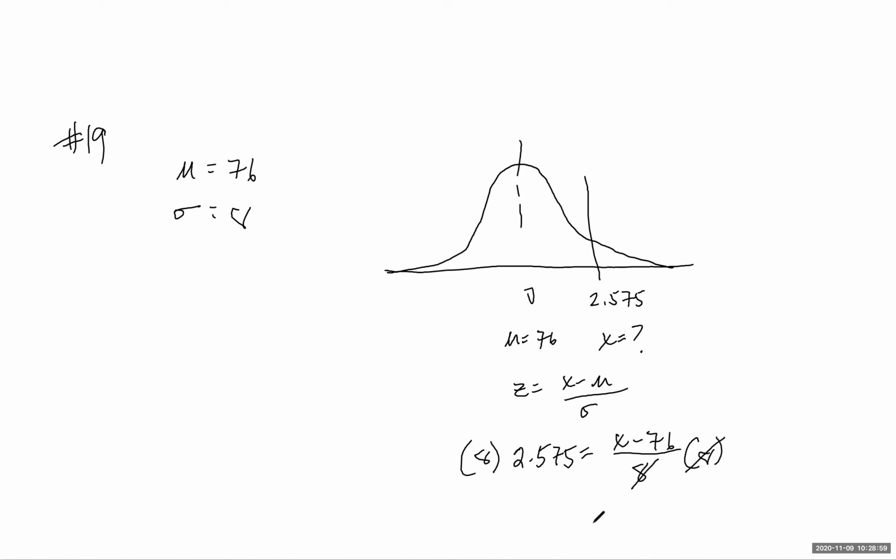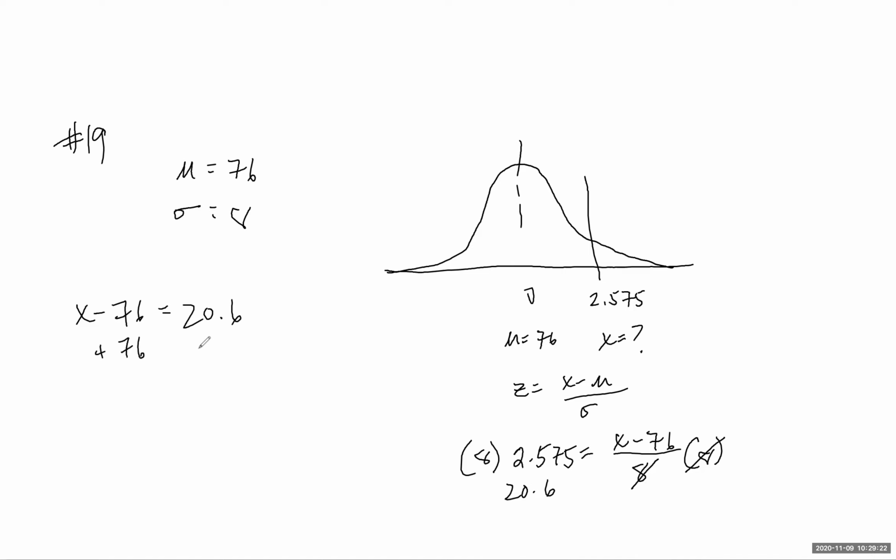Let me see what that is. 8 times 2.575 is 20.6. And then I got X minus 76 equals 20.6.